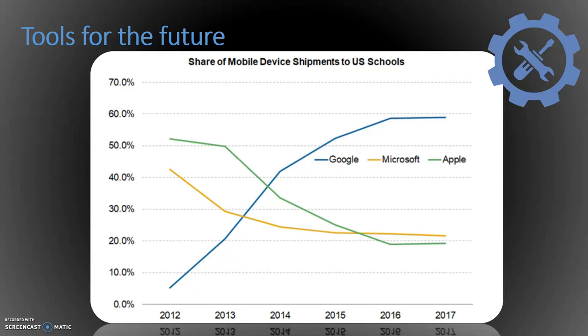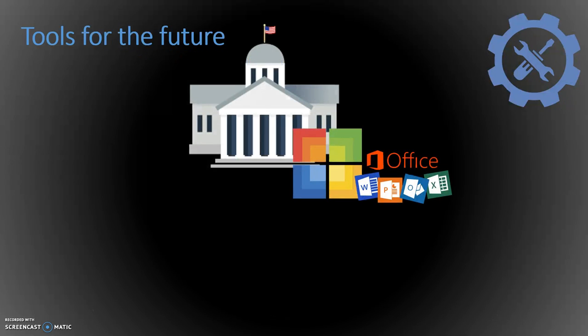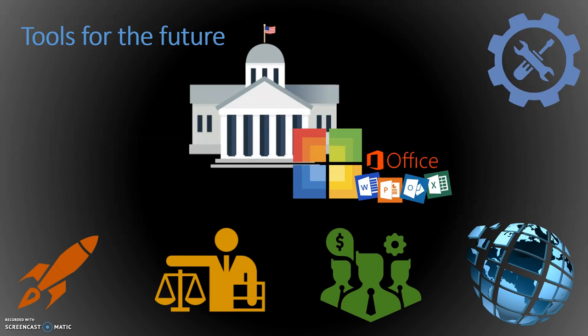In the last 5 years, Google has grabbed the lion's share of mobile devices in the education market. Why? Because the Google hardware platform costs $100 versus $1,000 for Microsoft or Apple tablets. A little bit of history behind why we use Microsoft Office is because the U.S. government adopted it back in the late 80s.